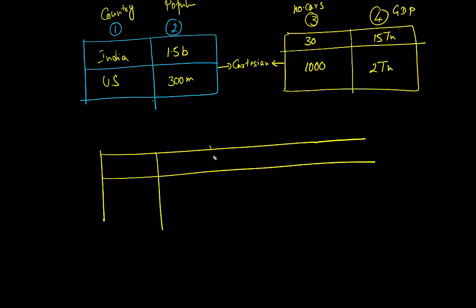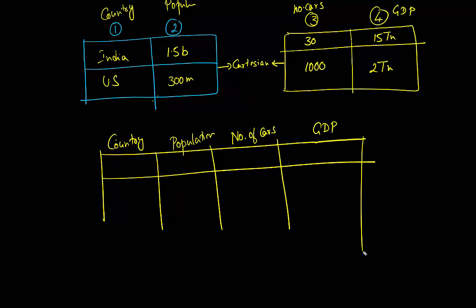So there's 1, 2, 3, 4, and this is going to be country, population, number of cars, GDP. And since there's no common column, it says country India, population 1.5 billion, number of cars 30, GDP 15 trillion. Now this is where it gets really nasty.